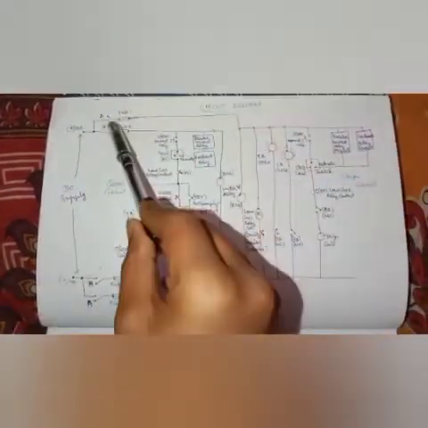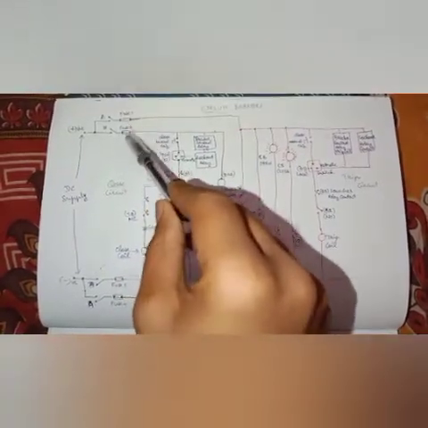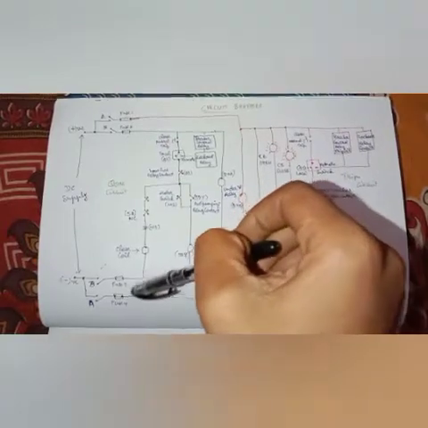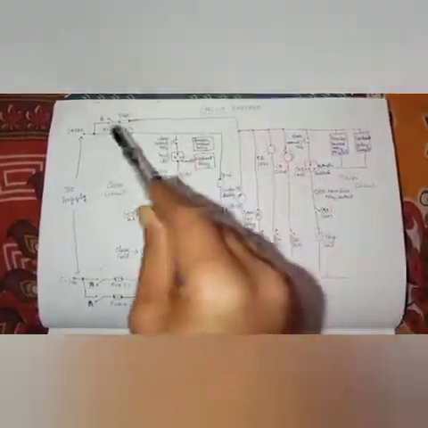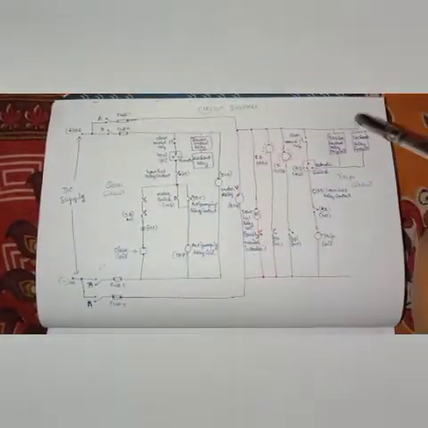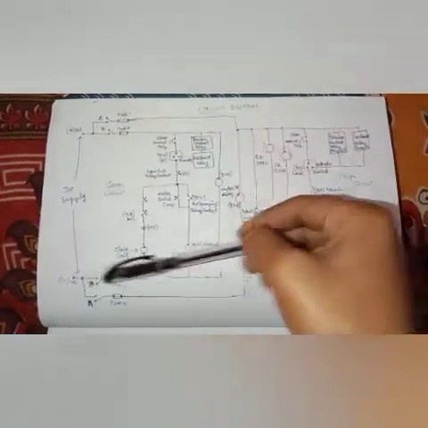Each positive and negative is separated by separate fuses, and your A supply is going to your tripping circuit, and B supply is going to your closing circuit.